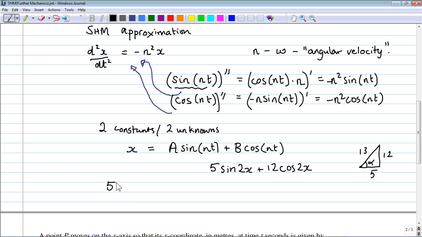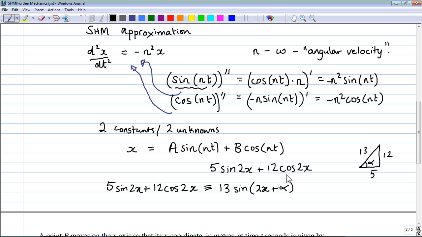So 5 sine 2x plus 12 cos 2x is identically equal to 13 sine(2x plus alpha). That's right, isn't it? Here you would get sine 2x cos alpha. So cos alpha is 5 over 13, gives you 5 sine 2x. And then it's cos 2x sine alpha, giving you the right formula here.